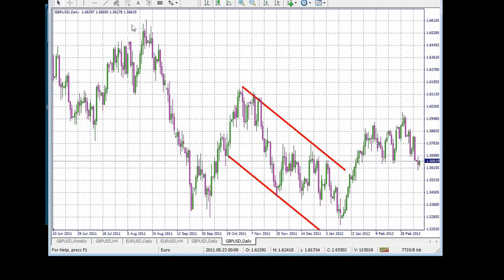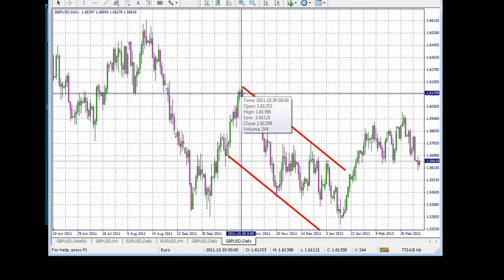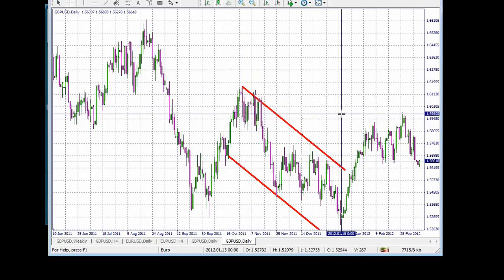Actually, on the bigger time frames, you have some candlestick patterns indicating a reversal. The first wave is the most difficult to take into consideration, but on the daily, this period starts at the end of October and lasts until the middle of January.